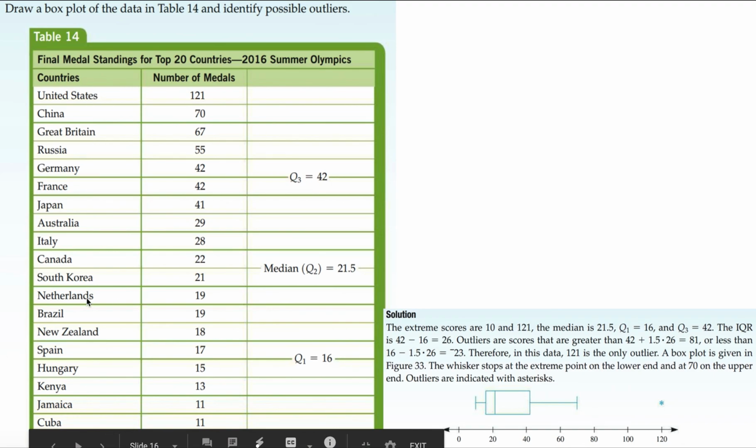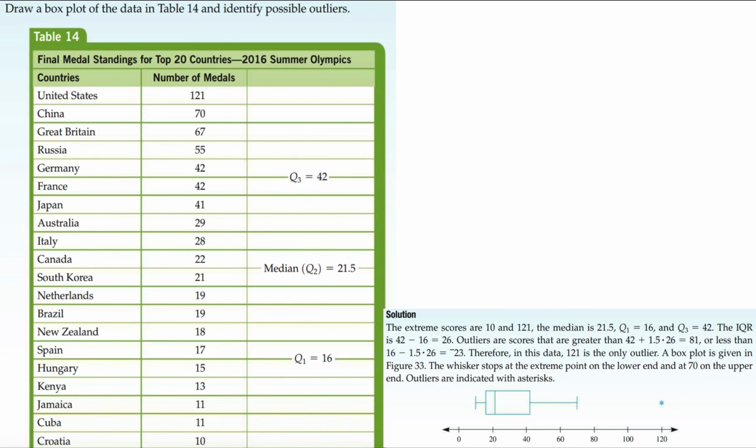So using this, I'm not gonna do the whole process because we already have talked about how to draw the box plots. Okay, so you know how to find the minimum. Minimum is 11. We have 10 down here, so let me move the cursor here so you can take a look at that. You see the criteria 10 number of medals for top 20 countries in 2016 Summer Olympics.